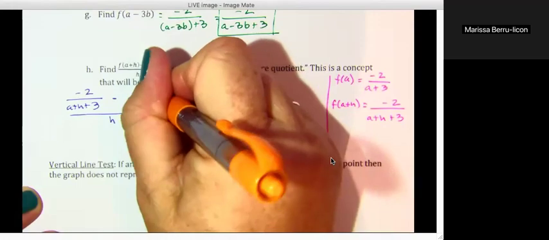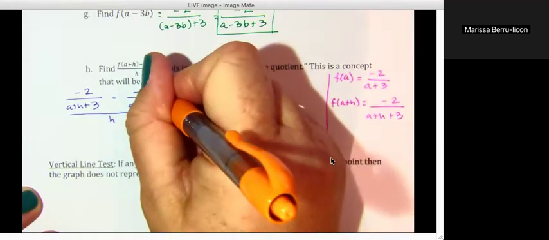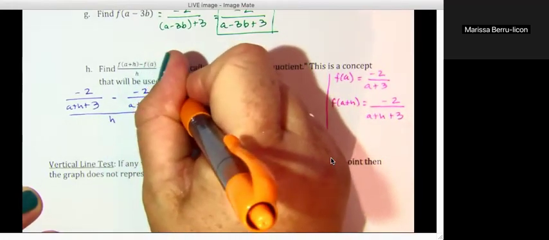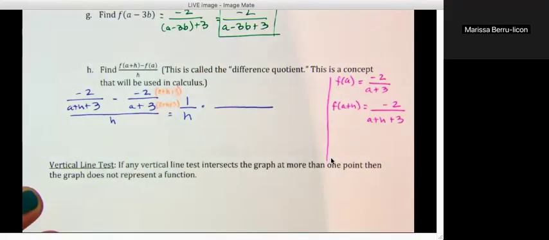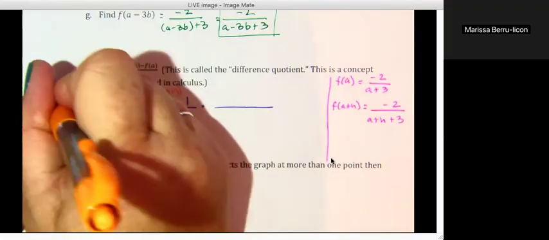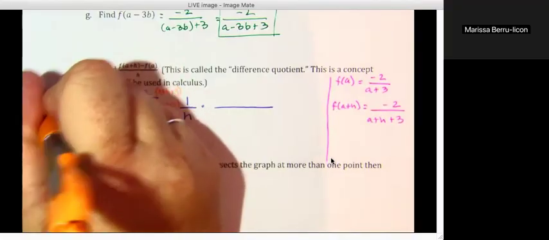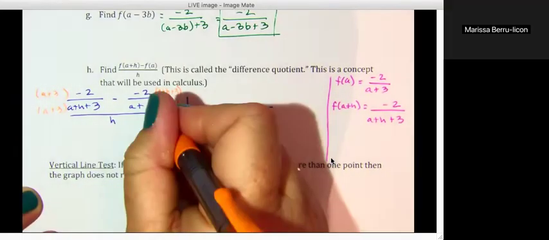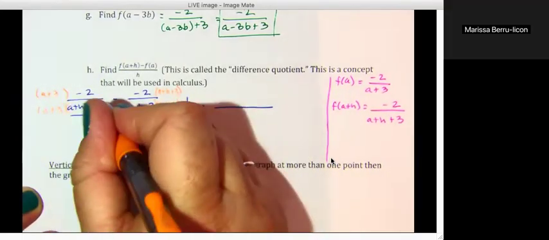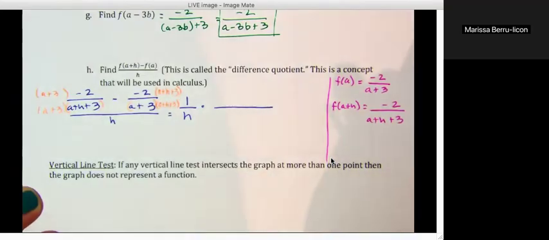So I'm going to have to multiply the second fraction by a plus h plus 3 over a plus h plus 3, and then this first fraction will have to get multiplied by a plus 3 over a plus 3. And that will give me this common denominator of a plus 3 times a plus h plus 3.